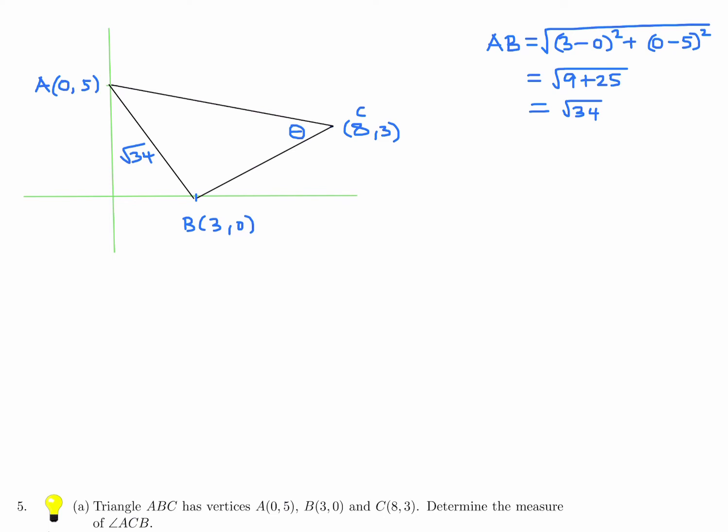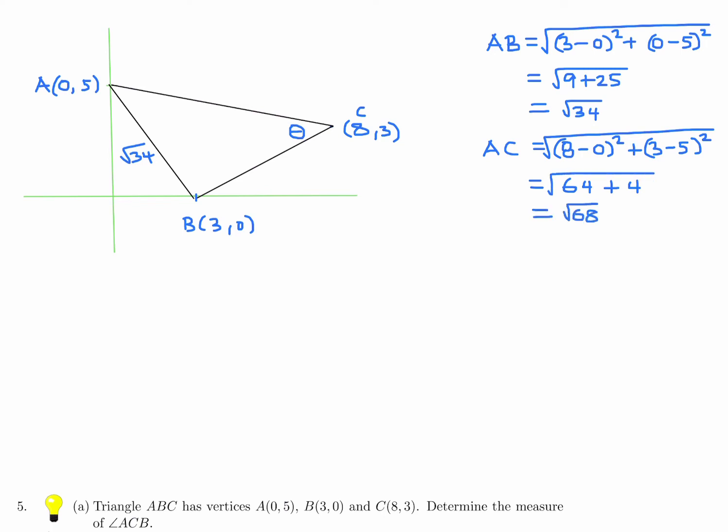Now let's calculate the next side, AC. It's going to be (8 minus 0) squared plus (3 minus 5) squared, all under the square root sign. That's 64 plus 4, which is the square root of 68. So square root of 68 goes here.